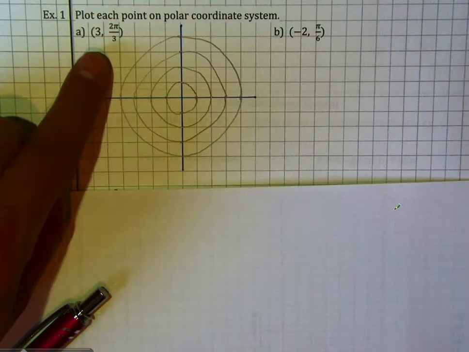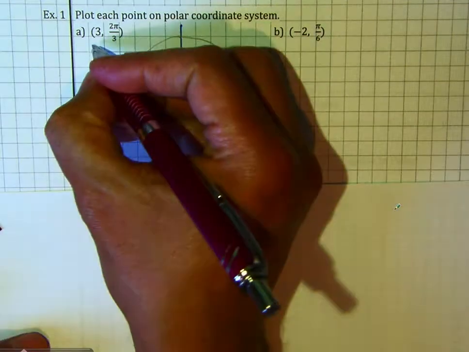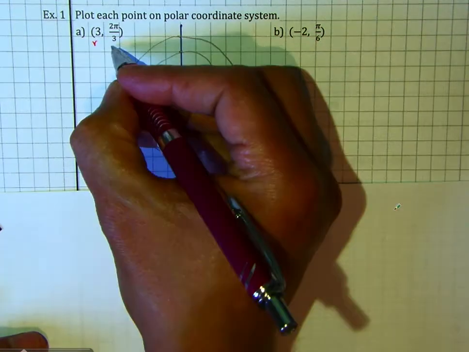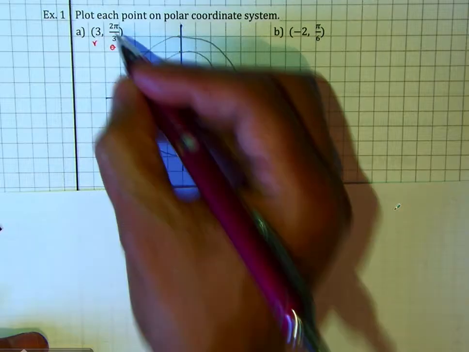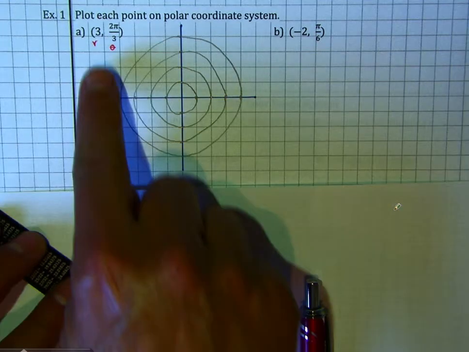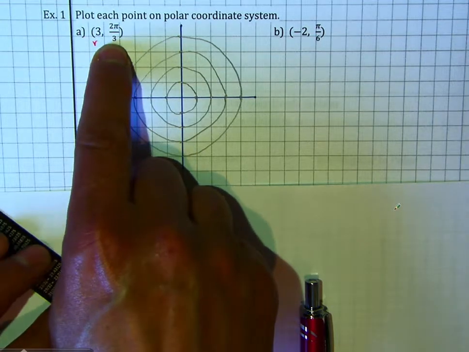Now, this will be r. We're going to call that the radius, is the distance from your pole to the actual point, and this will be your angle in radians. So therefore, it'll be radius of 3, and the angle will be 2 pi over 3.